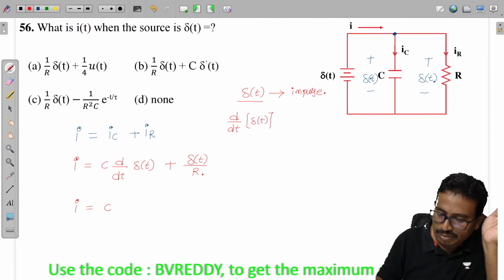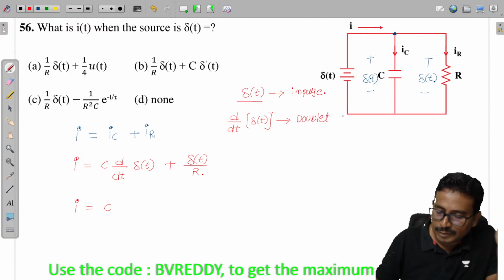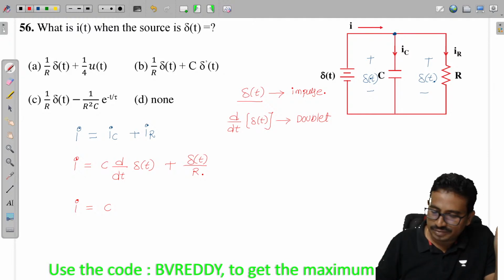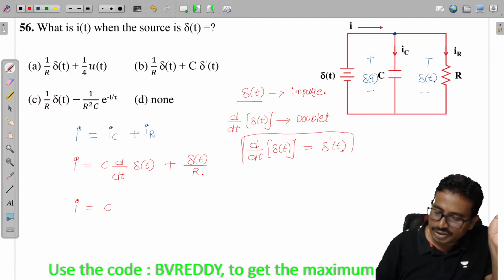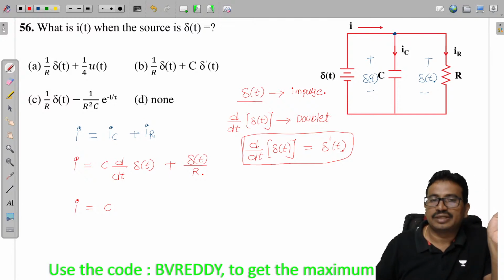The derivative of this impulse signal is called a doublet signal. This is d by dt of del of t, indicated as del dash of t, which is called a doublet signal.